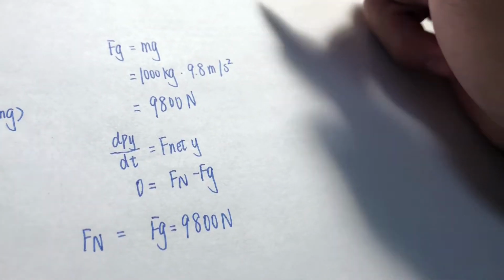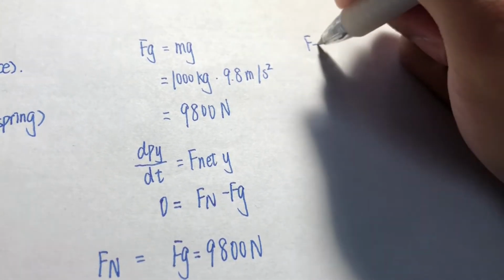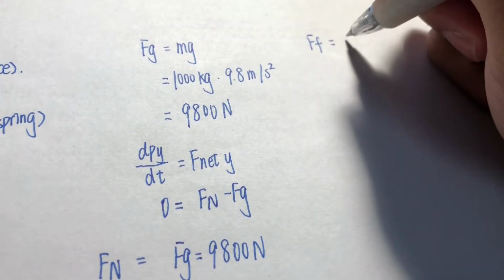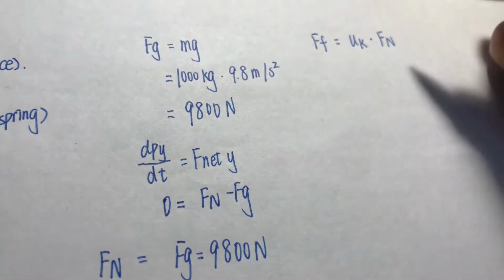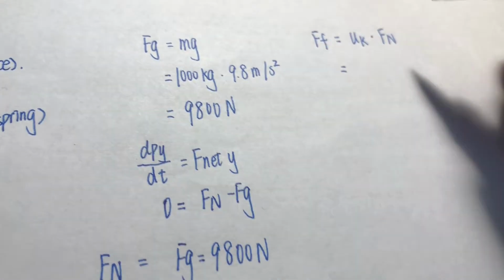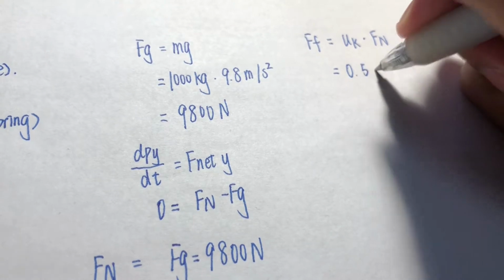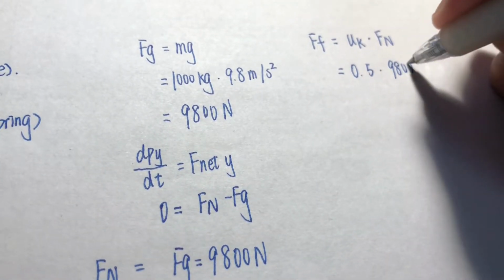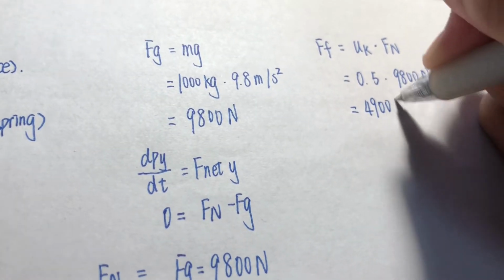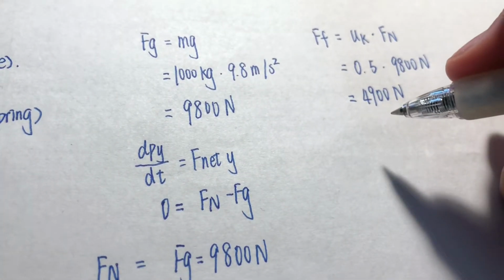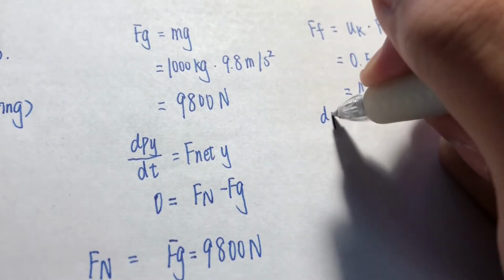of the surface on the block. The equation for the friction is Ff equals μk times Fn. Since it is at constant speed, we use sliding friction, and we plug in the numbers: 0.5 times 9800 newtons, and it equals 4900 newtons. And since it is at constant speed, the net force is 0 in the x direction.